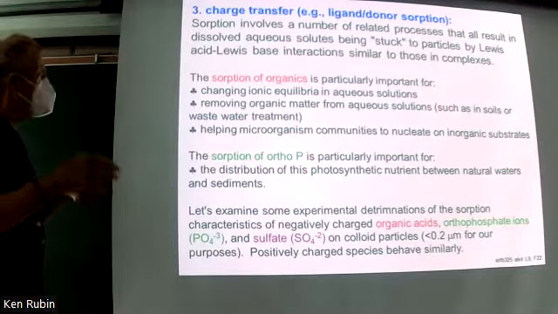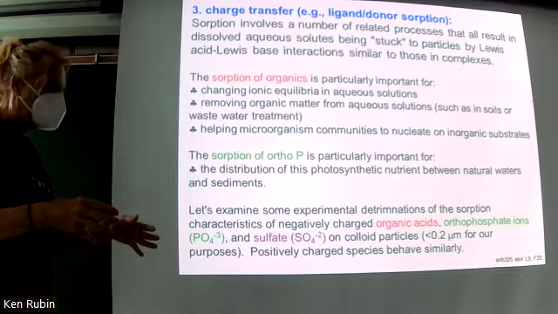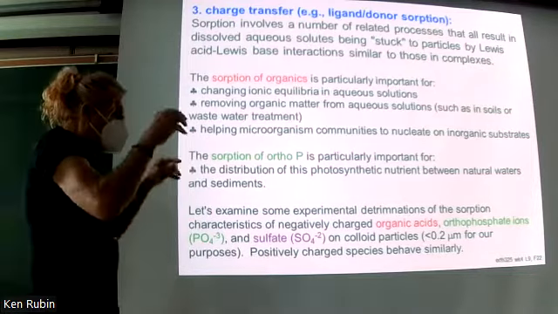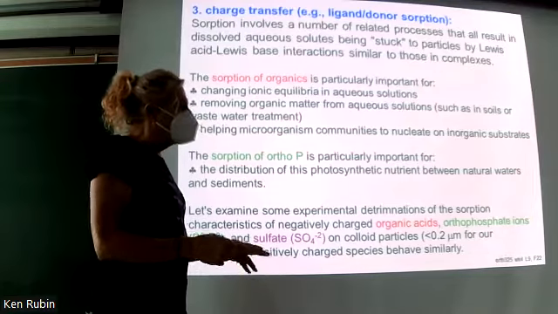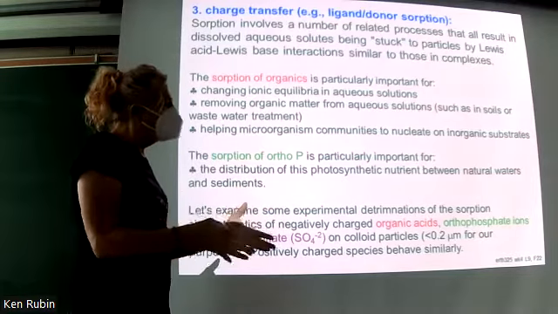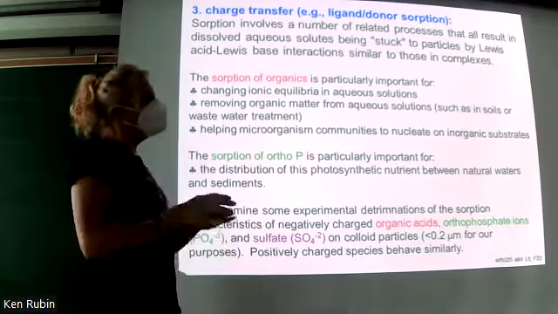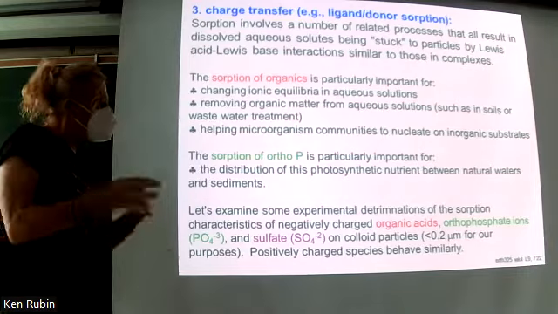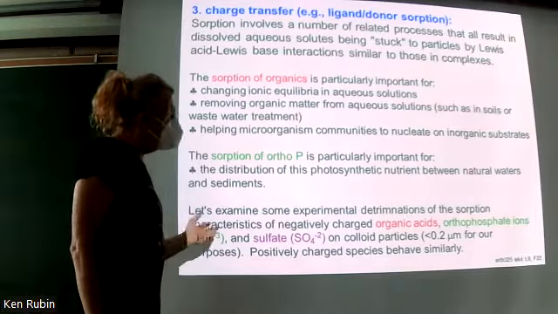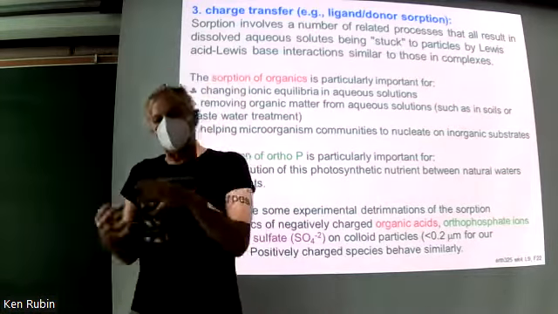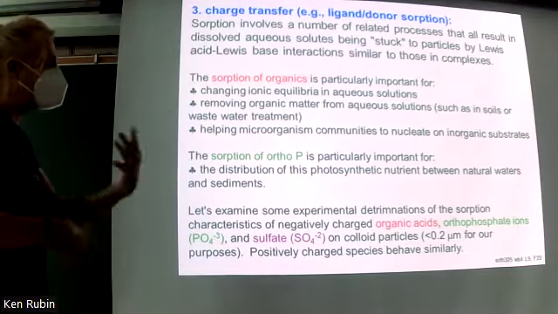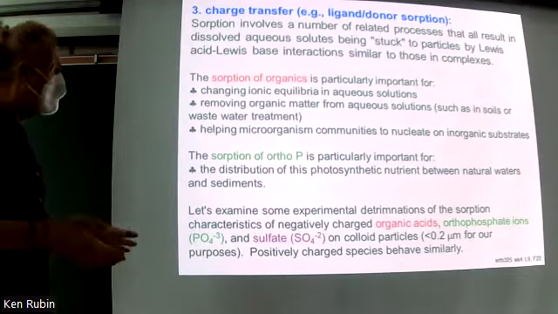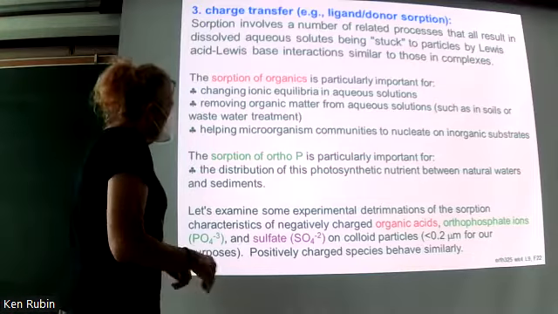What determines the sticking of stuff together is a function of the form of the particle and the form of the thing that's going to stick onto it, whether it's a Lewis base or a Lewis acid, as a function of pH. So it can get rather complicated, but this can have effects like organic acids can stick onto clay particles, and we'll see this is really important in riverine and estuarine systems for transport of materials downstream.